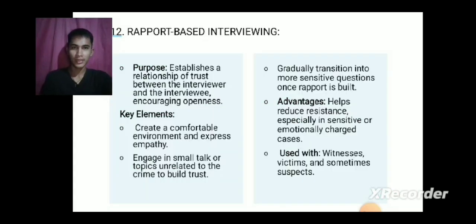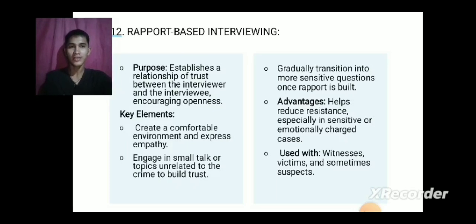Rapport-based interviewing. Purpose: establishes a relationship of trust between the interviewer and the interviewee, encouraging openness. Key elements: create a comfortable environment and express empathy. Engage in small talk or topics unrelated to the crime to build trust.